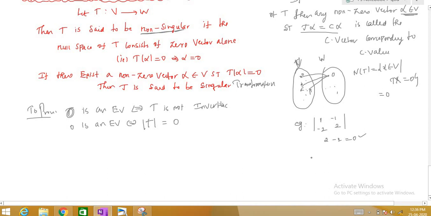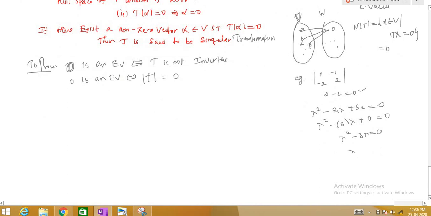You can also verify this. The characteristic polynomial will be lambda square minus s1 lambda plus s2 equal to 0, where s1 is the trace, so this is 3 lambda, and s2 is the determinant, which is equal to 0. That means lambda square minus 3 lambda is equal to 0. So I can take lambda common here, and lambda times (lambda minus 3) is equal to 0. That means 0 and 3 are the eigenvalues. So you can see 0 is one of the eigenvalues.